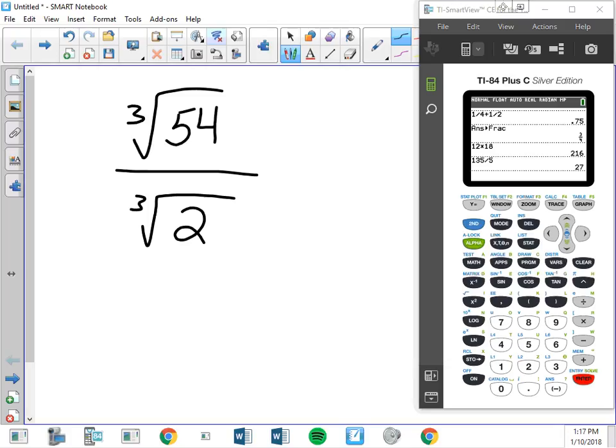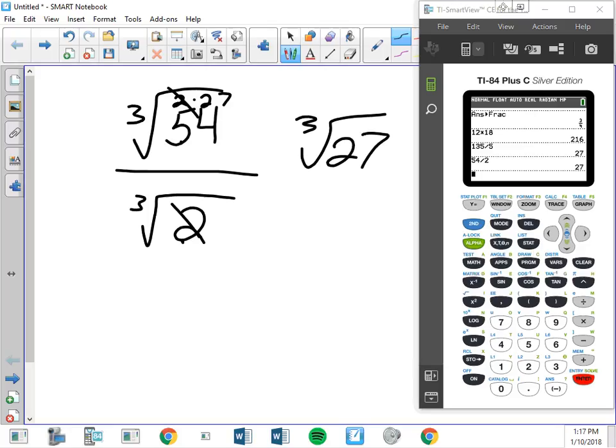Right? There's nothing to pull out. Okay? So what is 54 divided by 2? So 54 divided by 2 is 27. So this is actually the third root of 27. I'm going to delete the 2's, and now I don't have a denominator anymore. Now I'm just left with the third root of 27, which is 3. One group of 3's. Okay?